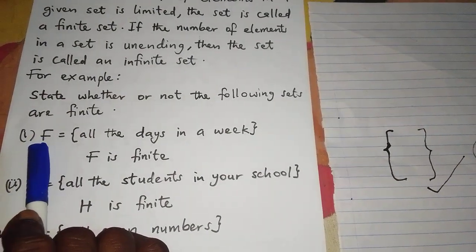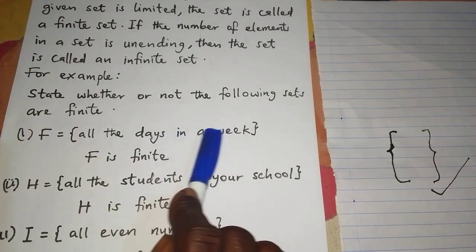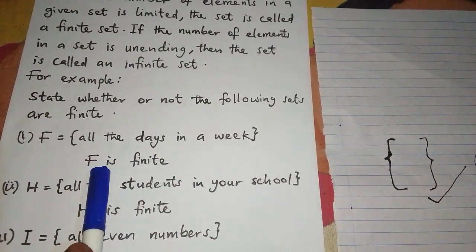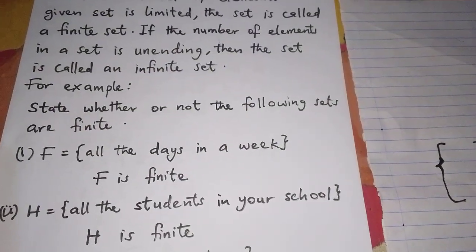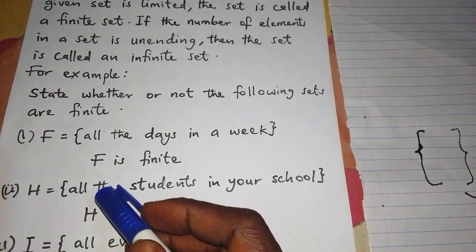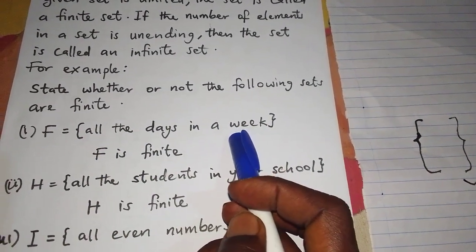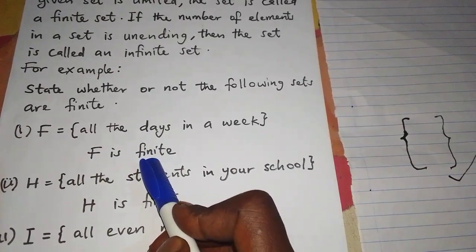If F is a set that contains all the days of the week, you realize that the days of the week are 7 in number. It has a beginning and it has an end. So it means that set F is a finite set.